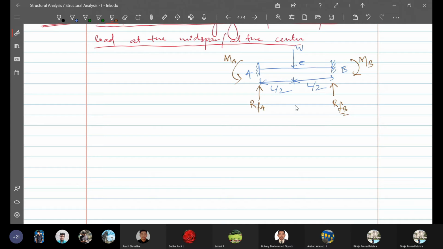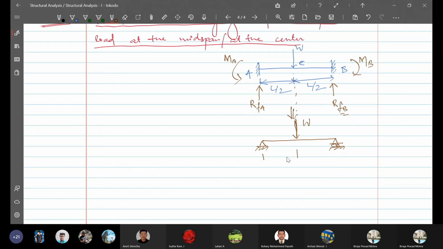Just like the previous one, we can make it into two cases. The first case will be a simply supported beam, and we will have a point load here, the same point load.